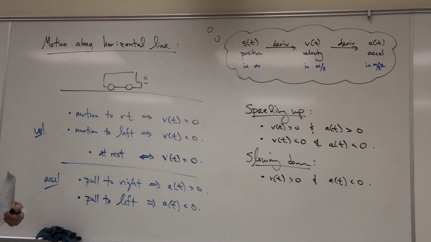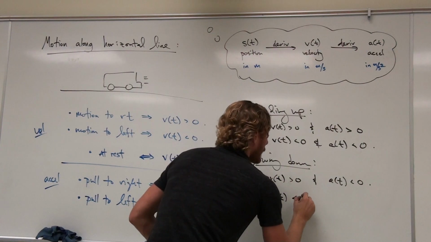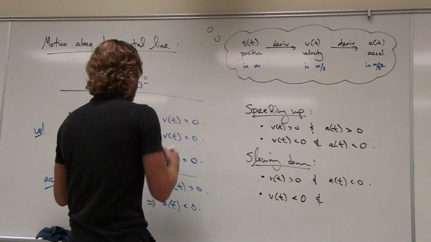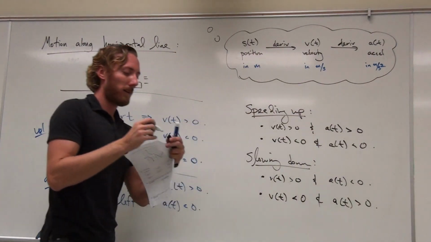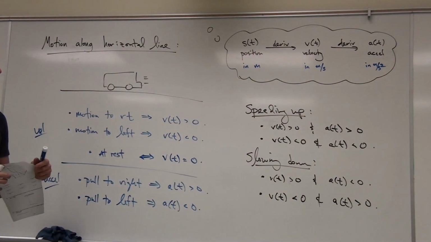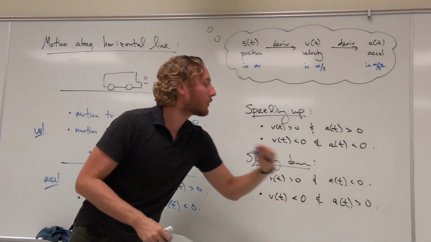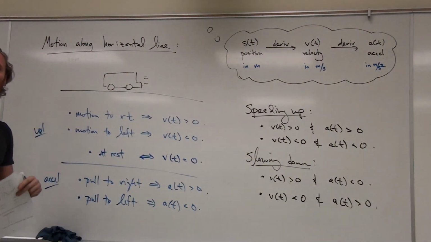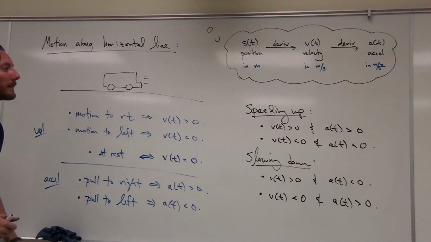If, on the other hand, you wanted to slow the car down, if the speed of the car was causing it to go left, then you would want to pull to the right. If the velocity was negative and the car is going left, if your pulling goes to the right, then you would slow the car down. It wouldn't be going to the left as fast by virtue of your pulling it back to the right.